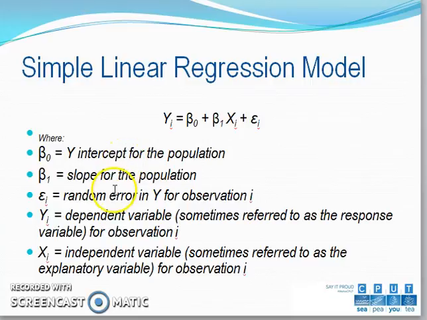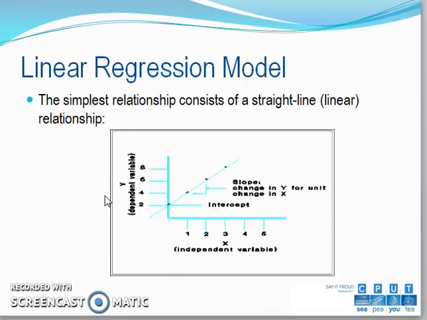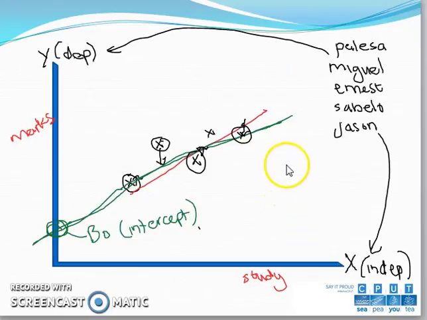Now, what do I mean by slope? When I look at this line, can you see that this line is sloping? What I mean is that every time my x value changes, I expect to see a corresponding change in y.